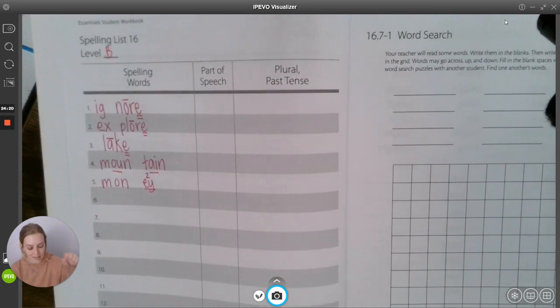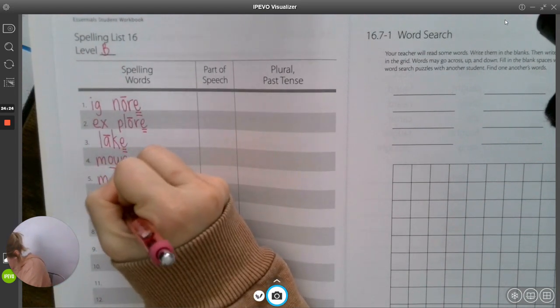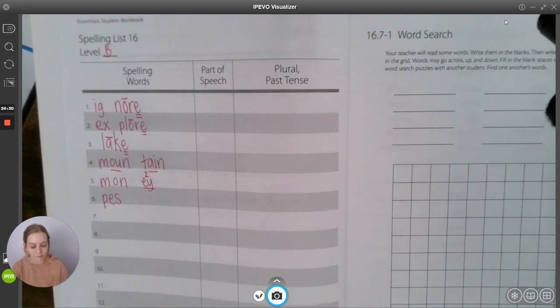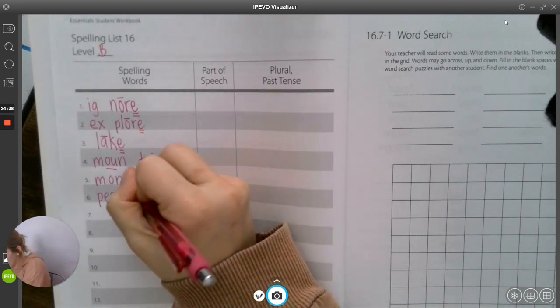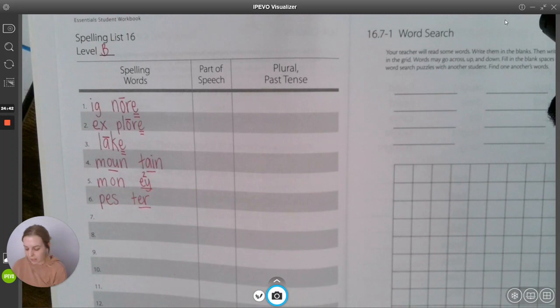P-E-S. Second syllable is ter. Sound it out. T-er. Finger spell. T-er of her. Underline our phonogram er.